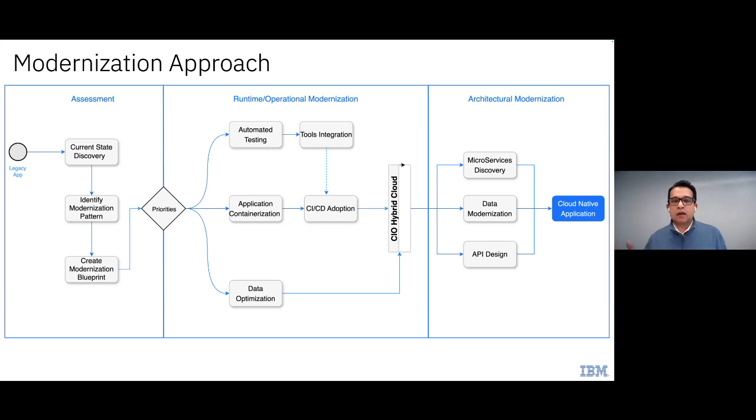So we do that runtime modernization, getting from a legacy version of a runtime to the latest version of the runtime. The operational modernization, which is clubbed here, is talking about taking your on-prem environments to container technology. So that's our first step.